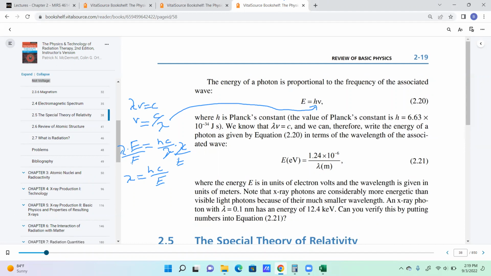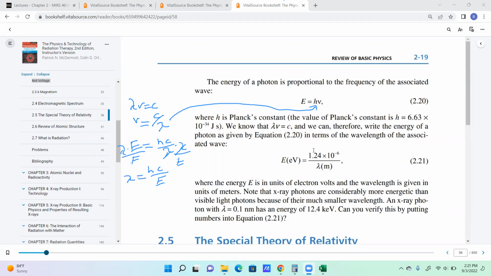So what are we going to need to do in order to convert this? What we're going to have to remember here is that Planck's constant is written in joule seconds. We've multiplied that by the speed of light, and so that gives us some odd little units of joule seconds times meters per second.